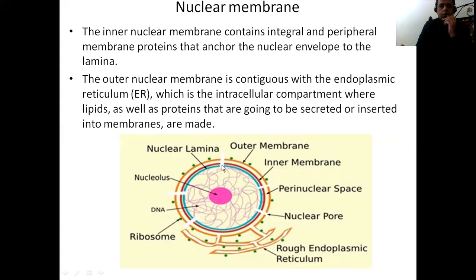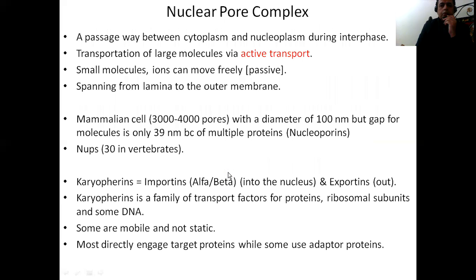So the pores are here, and the pores are through and through. You can see that the pore is extending from the outer membrane to the lamina. So the pore proteins are connecting this entire structure, or reinforcing this entire structure instead.